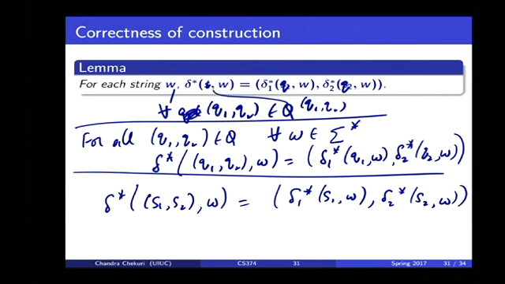By our definition of the accepting states, it will accept if and only if this is in A1 and this is in A2. That means the first machine accepted it and the second machine accepted it.